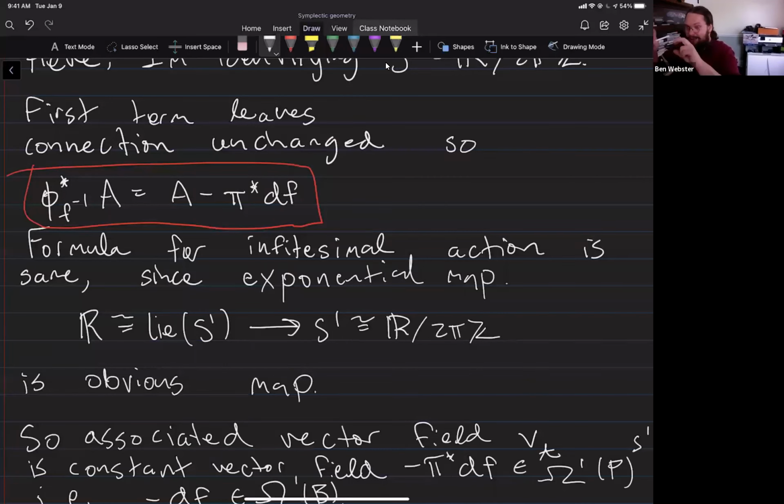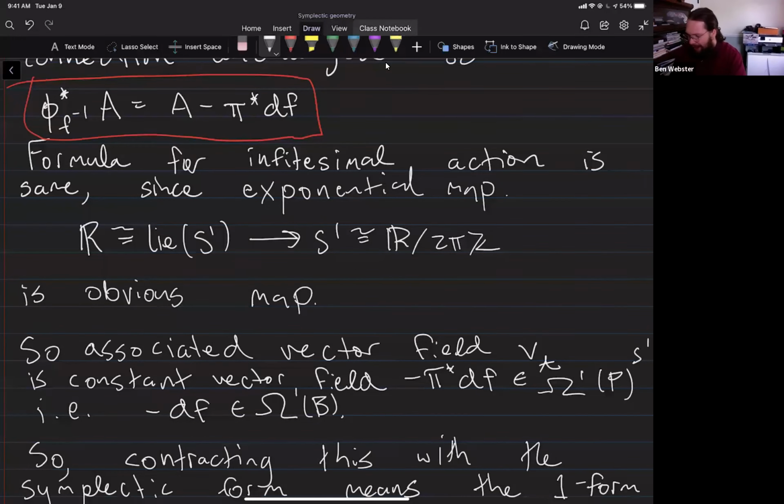So the exponential map, as defined in the abstract theory of Lie algebras and Lie groups, is just the obvious map from R to R mod 2 pi Z. So when I look at the associated vector field on the space of connections, it's actually just the constant vector field given by minus df.